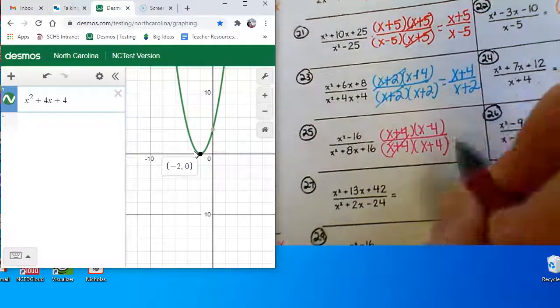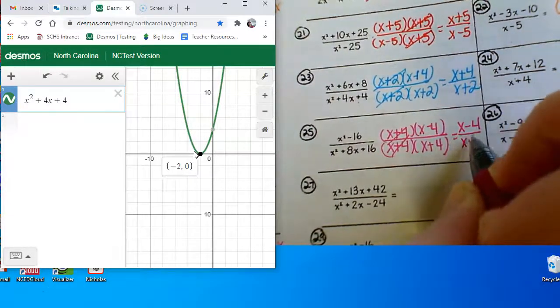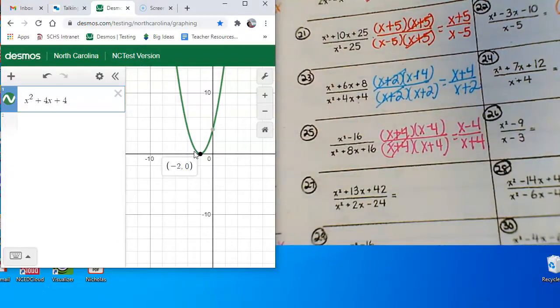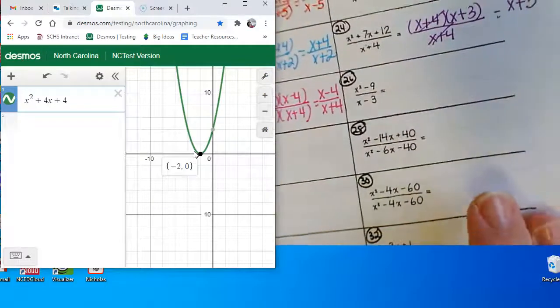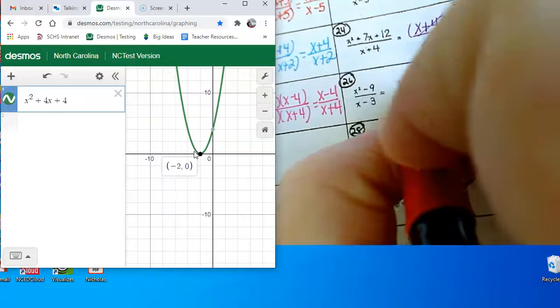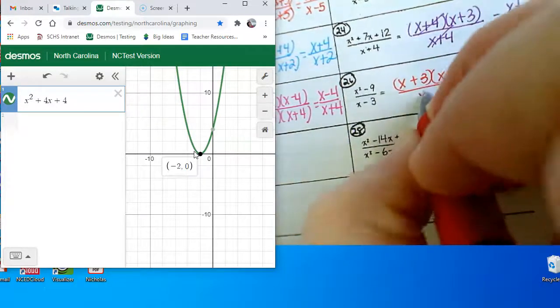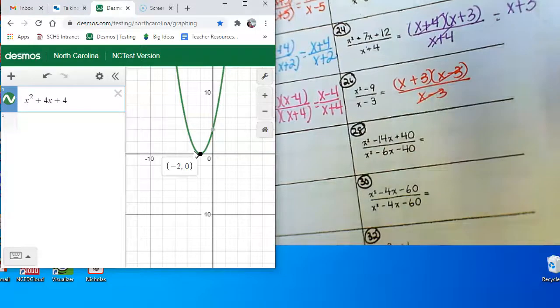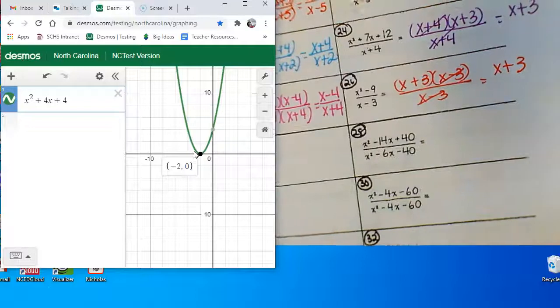X plus 4's go away, and you get x minus 4 over x plus 4. On 26, x squared minus 9, there's a plus 3 and a negative 3, and change both of those signs. X minus 3's go away, and that leaves us with x plus 3.